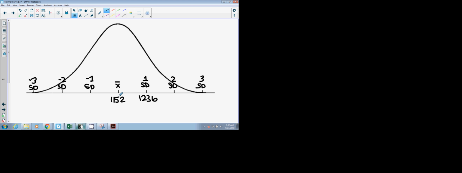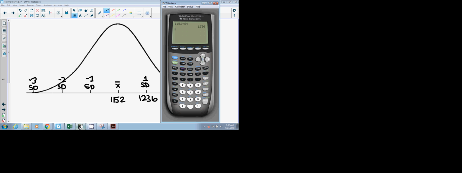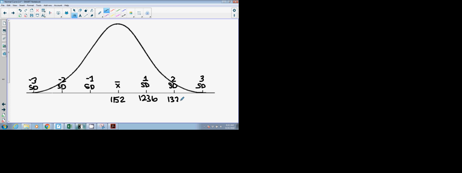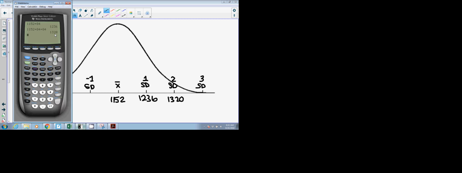We can start at the mean of 1,152 and add 2 standard deviations, or 2 84s. So we know our second standard deviation, 2 standard deviations away from the mean, is 1,320.